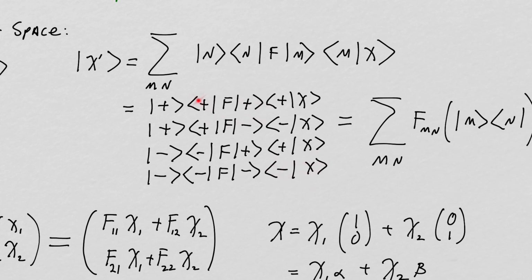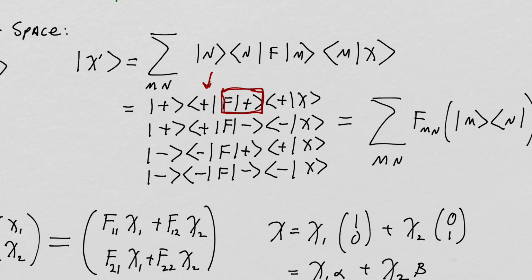Then this object here is also a complex number, because remember, f acting on the plus state returns some other state, and whatever that other state is, you map it using the dual space mapping, the bra. You take its inner product with plus, and that's a complex number, right? Because this is a new ket, this is a bra acting on a ket, which gives you a complex number.